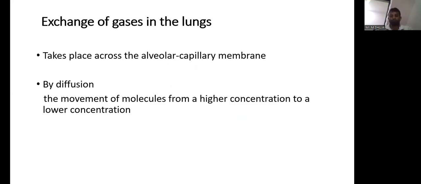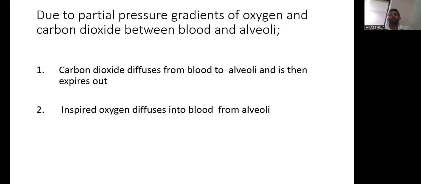Exchange of gases in the lung mainly takes place across the alveolar capillary membrane. It is diffusion, where gas at high concentration goes to the low concentration place. Usually carbon dioxide diffuses from the pulmonary circulation into the alveoli and is expired.